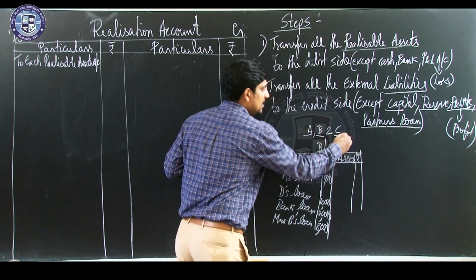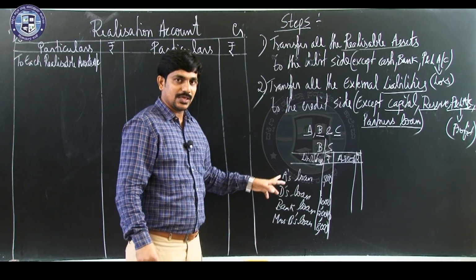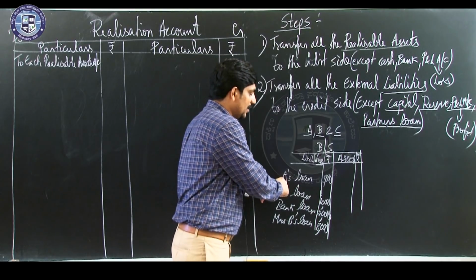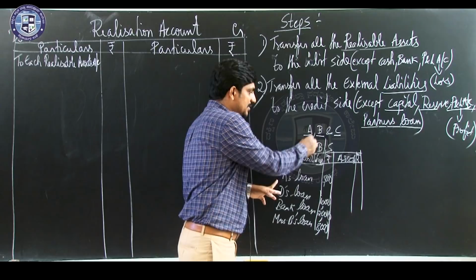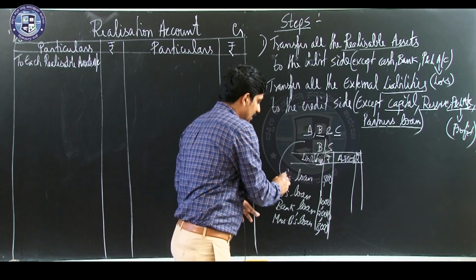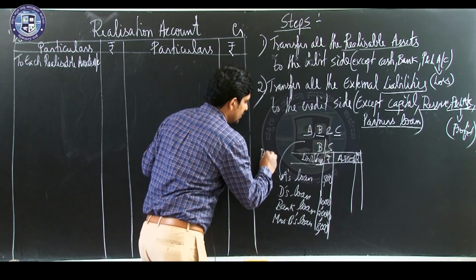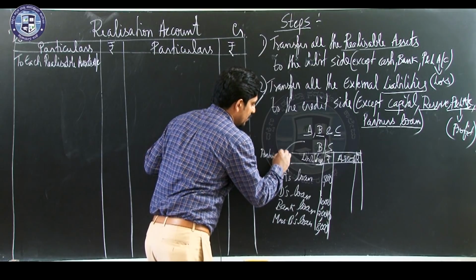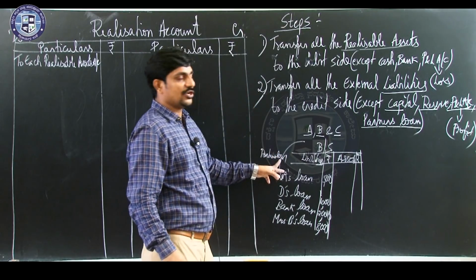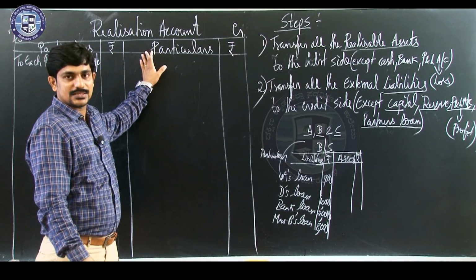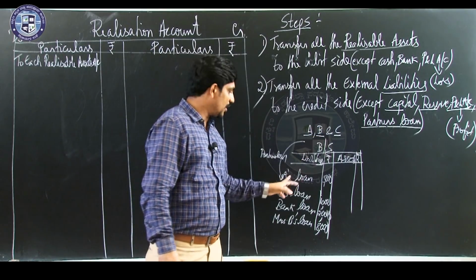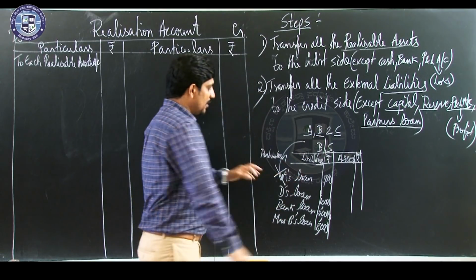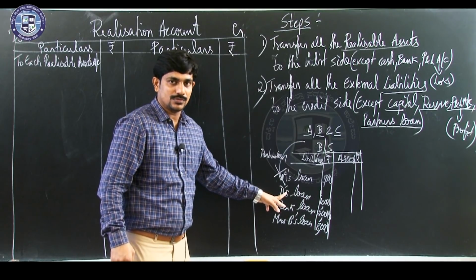A, B and C. Whose loan is given? A. First, identify according to the problem whether A is a partner. Yes, A is a partner. So, it is called as which loan? Partners loan. Whether you transfer this partners loan to the realization account? No, not transferring this.